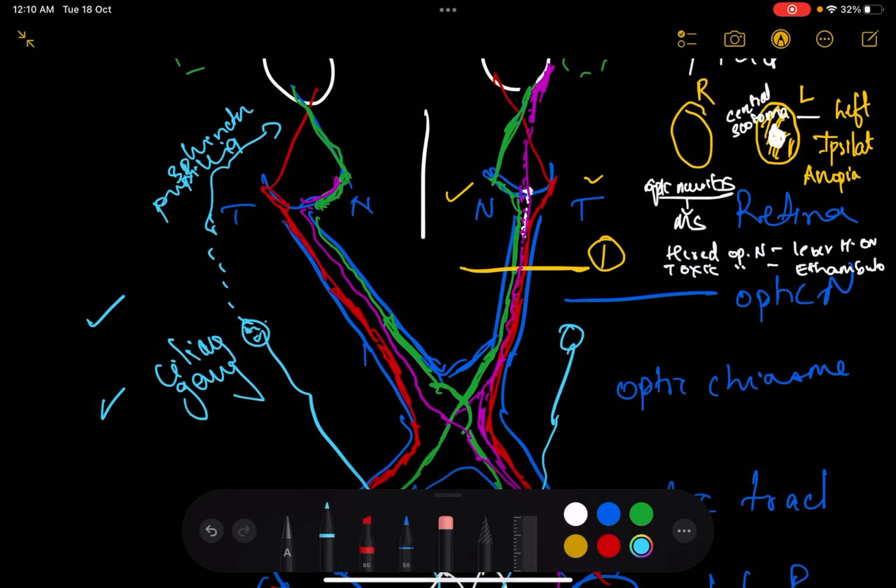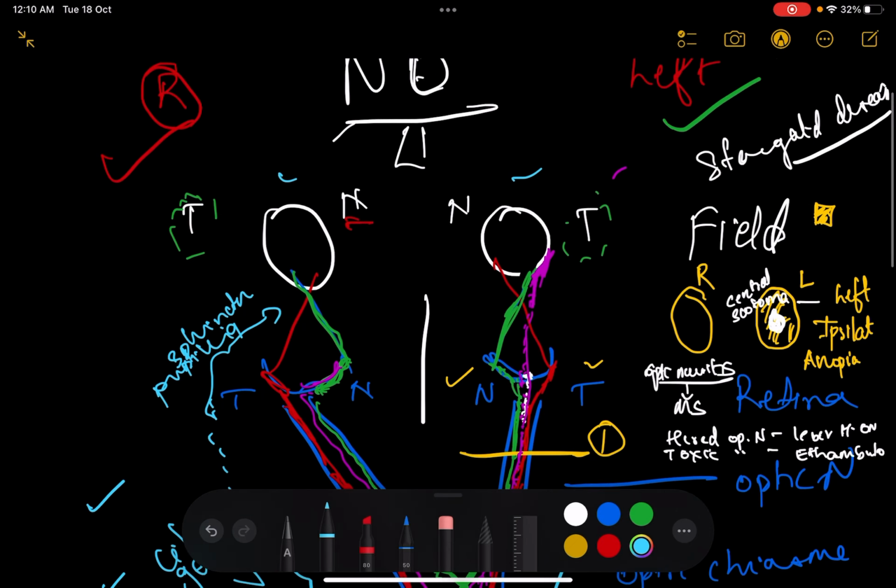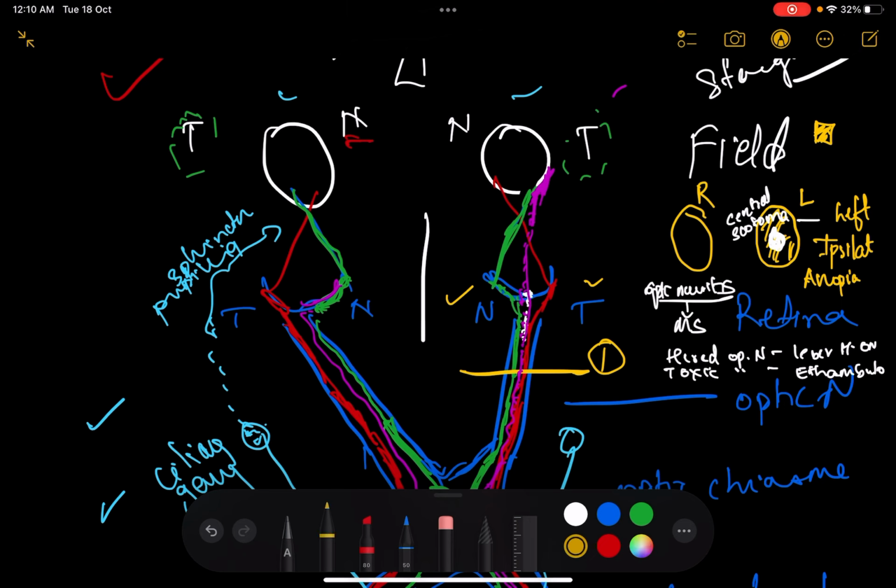Now the idea is, why I'm talking about this is because when you see a left ipsilateral anopia, there is complete abolition of the pupillary tract as well. So if there is a direct right reflex, it's going to be abolished, correct? And the consensual light reflex too.